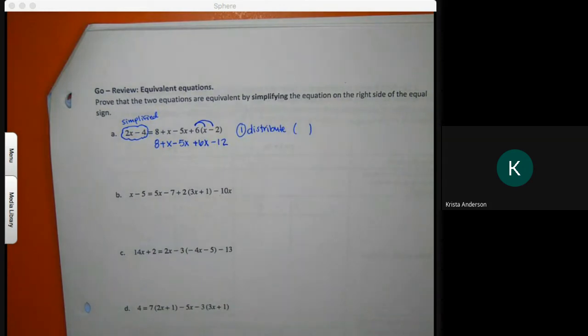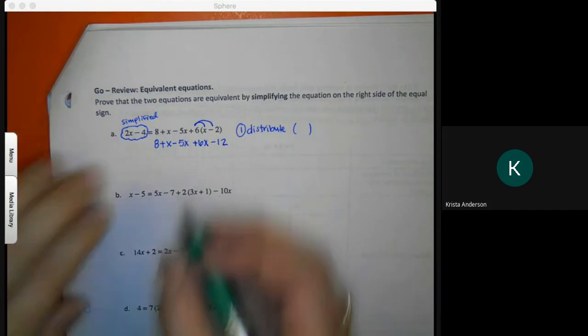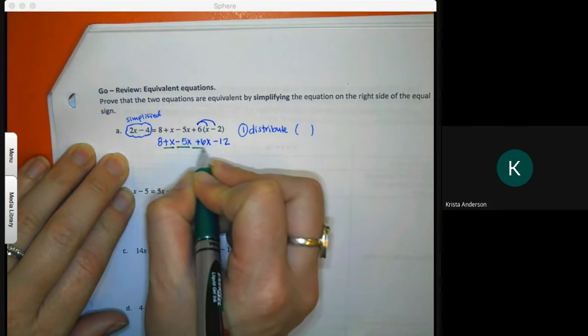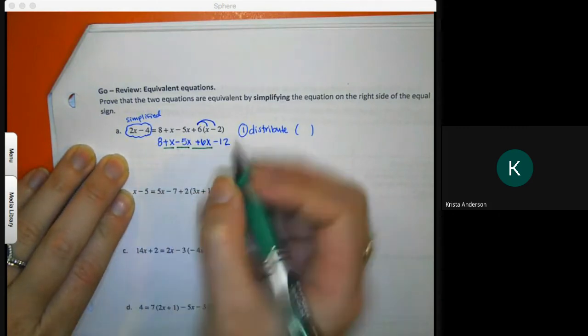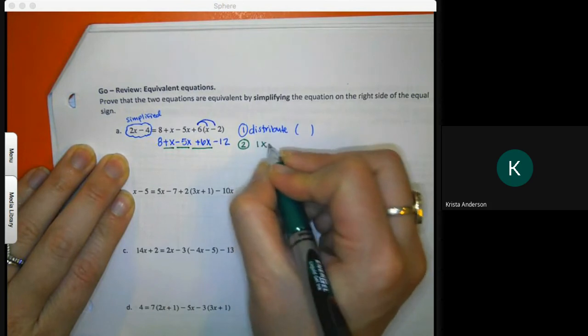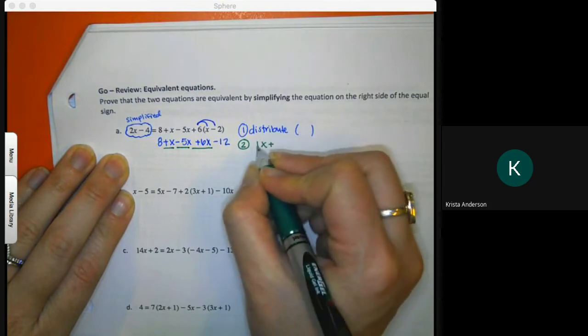So I did 6 times x, boom, 6x. 6 times negative 2 is a negative 12. What happens when I do 1 minus 5 plus 6? Whoops.